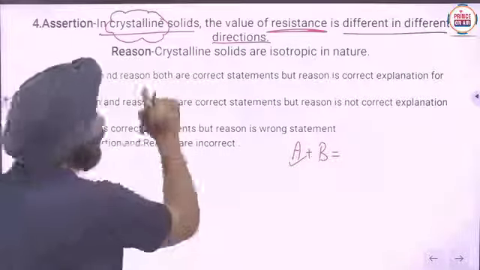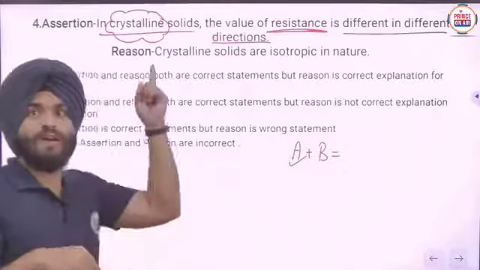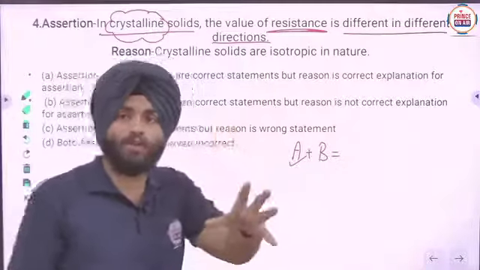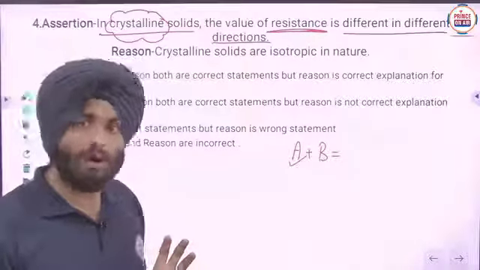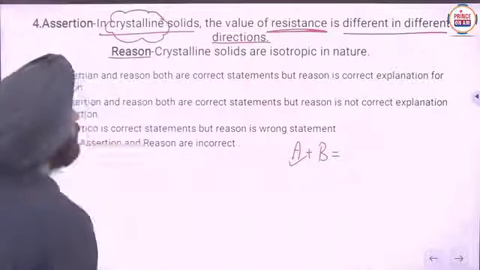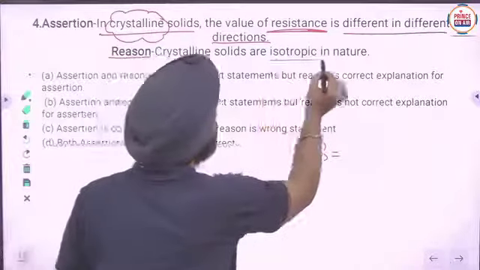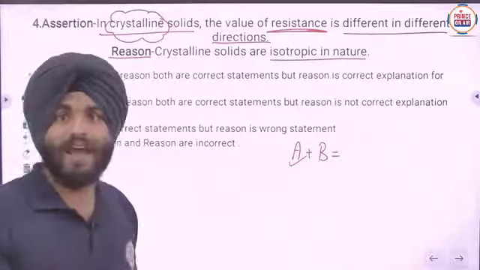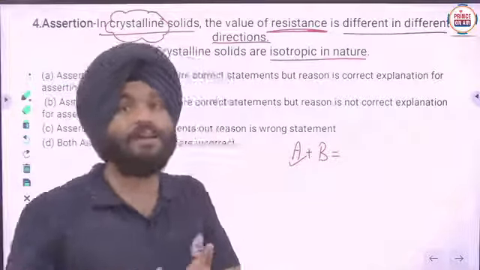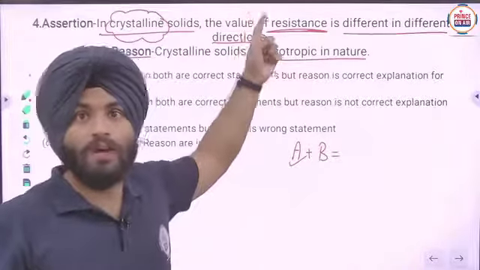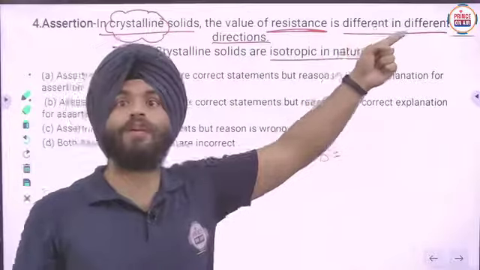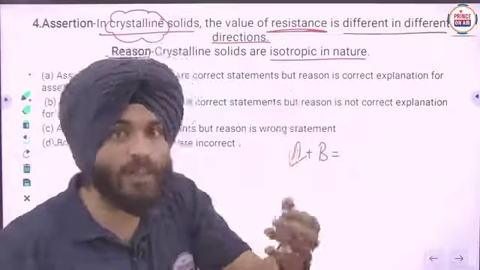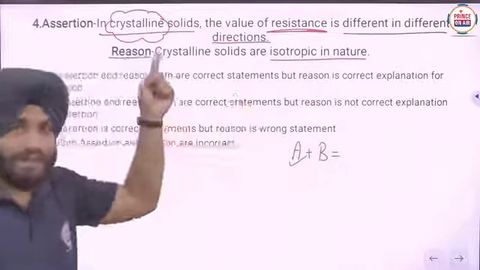Okay. Now if the assertion is right, then you have to read the reason. If the assertion is wrong, without seeing any other option, just pick out option D. Now the reason: crystalline solids are isotropic in nature. That statement is wrong here, because crystalline solids are anisotropic in nature. In the assertion they are showing resistance is different in different directions, which means anisotropy, and anisotropy is shown by crystalline solids.